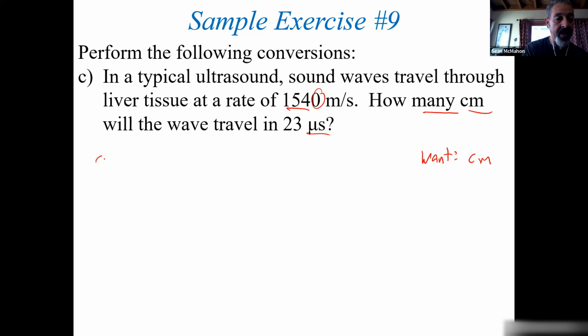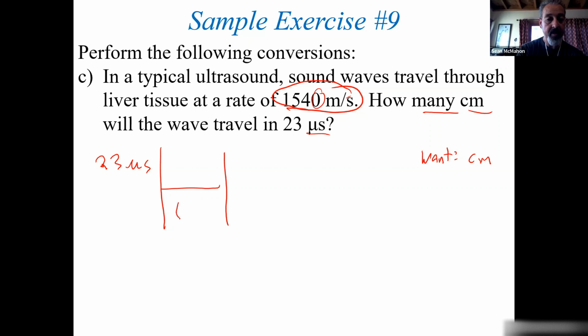So I have 23 microseconds. So I need to go from time to distance. That's why I need a velocity or speed, because it's distance over time. I have microseconds. I can convert that to seconds. How? There's 1,000,000 microseconds, or 10 to the 6 microseconds in 1 second. That's one of the metric prefixes we went over. Okay.